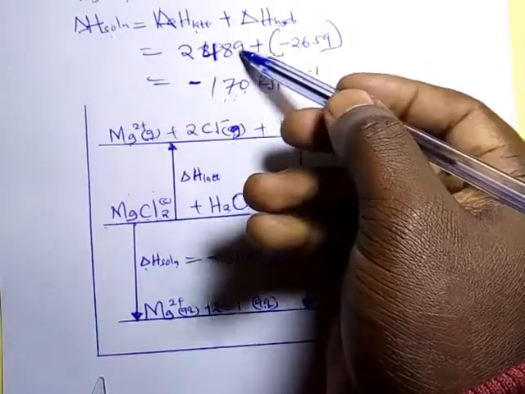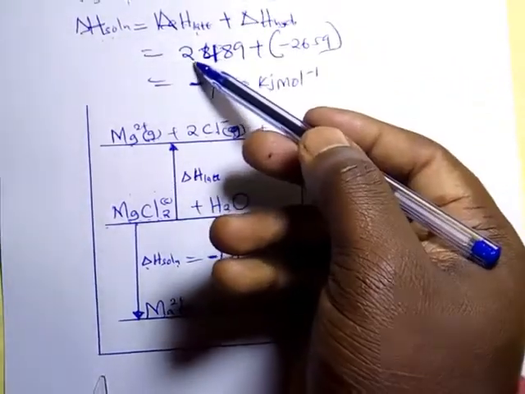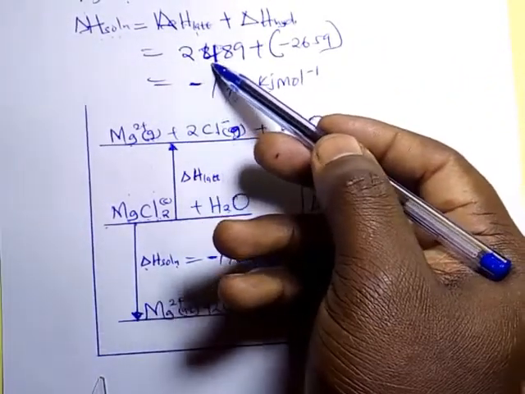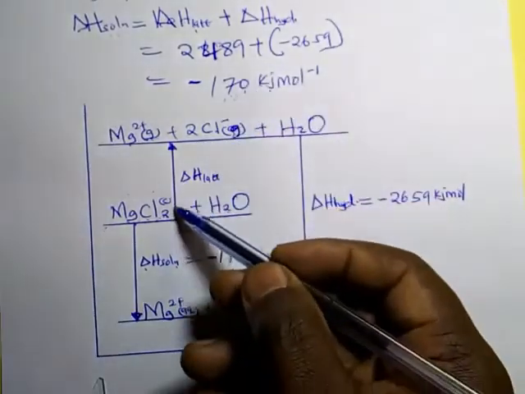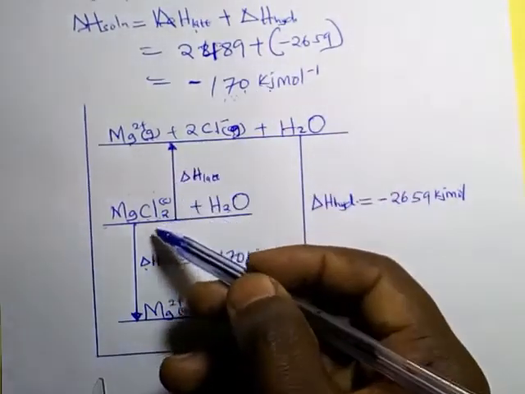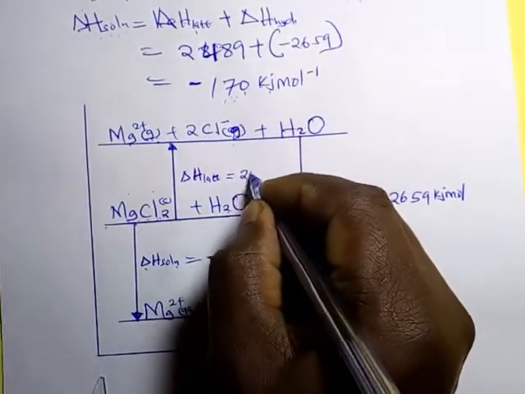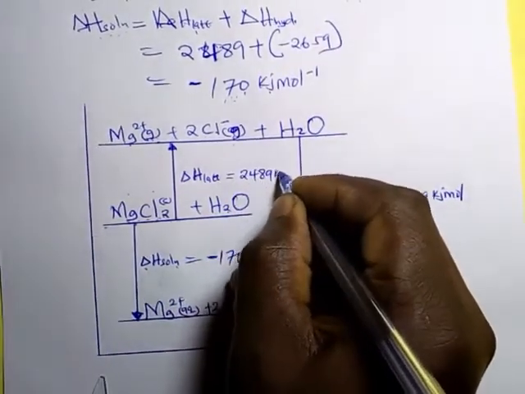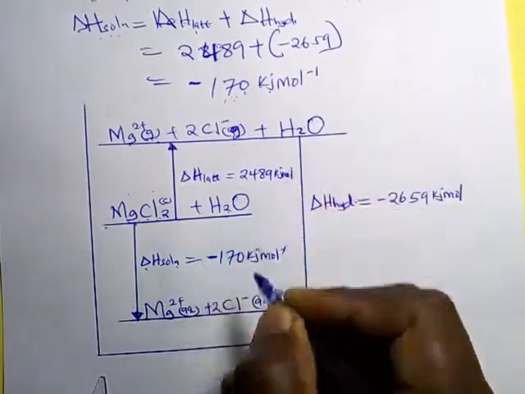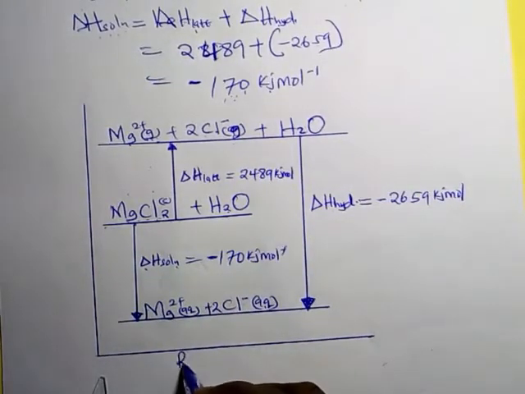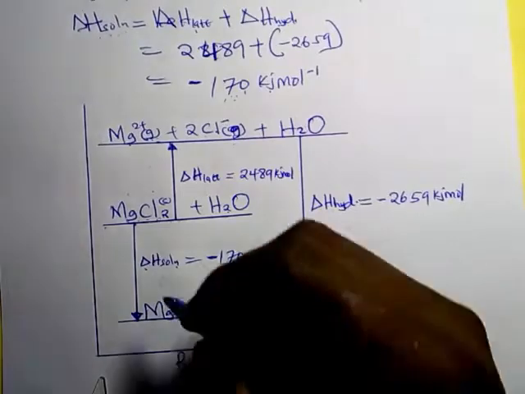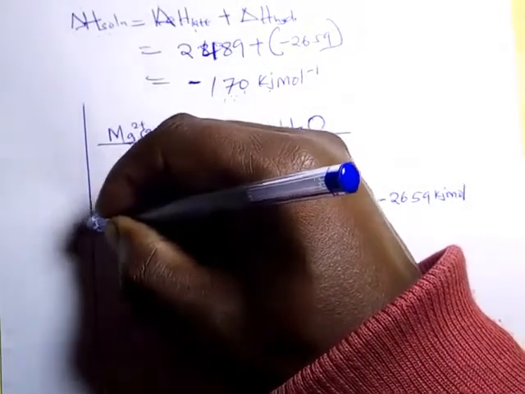We have lattice energy, which we were told is negative 2489, but since this one is reversed, that is bond breaking, it should be positive, so it is 2489 kilojoules per mole. So, the reaction energy.